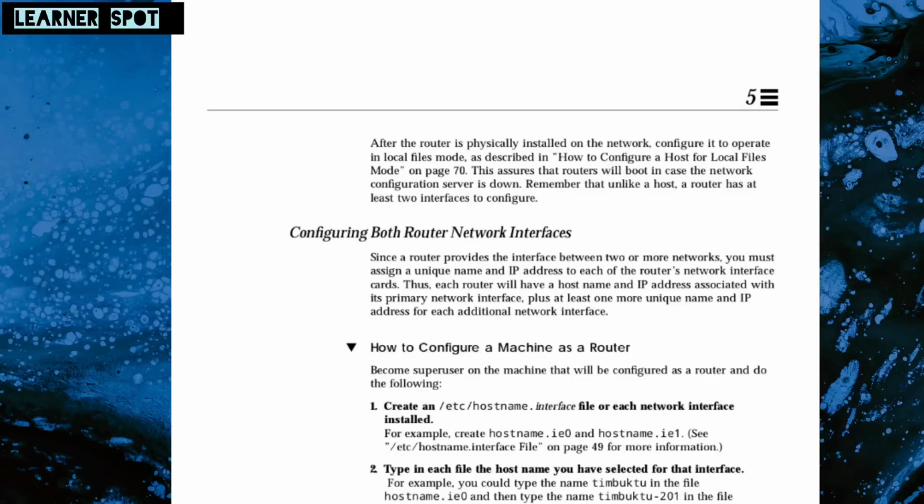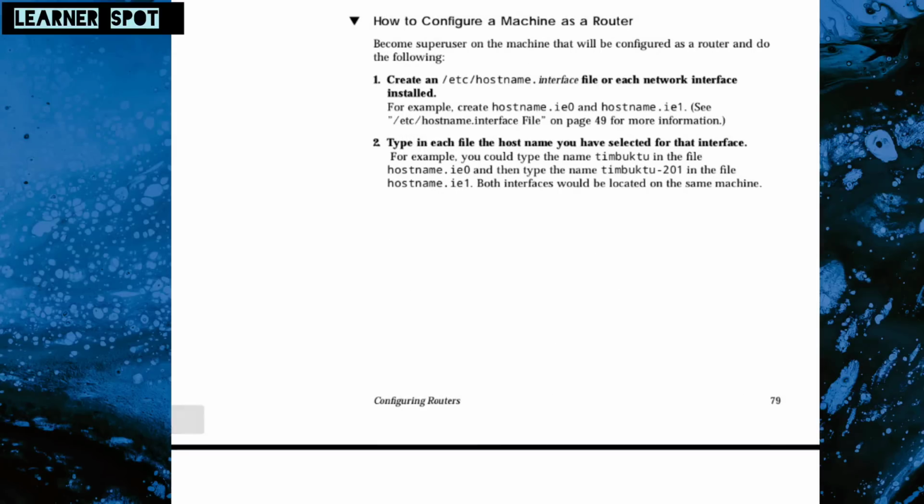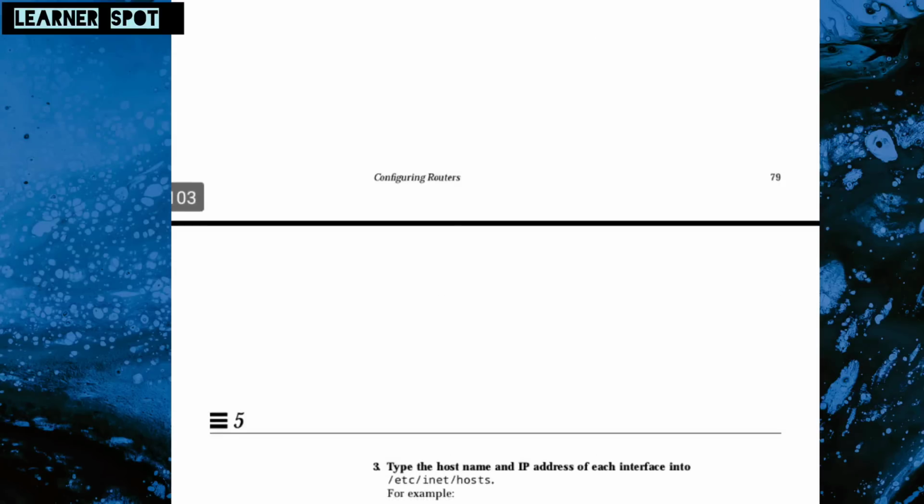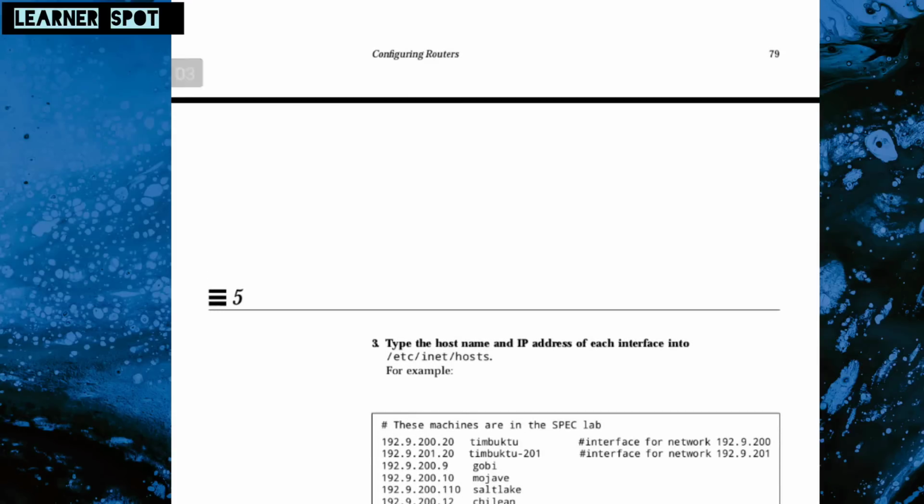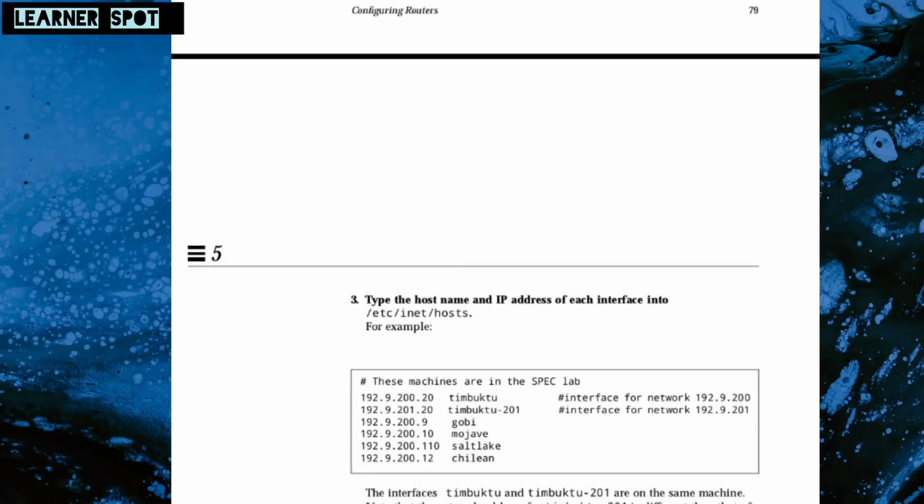Let's discuss it. To configure a machine as a router, do the following. First, create a hostname.interface file for each interface. Next, type in each file the hostname you have selected for that interface. Third, type the hostname and IP address of each interface into the hosts file.